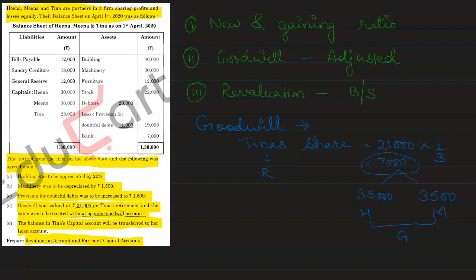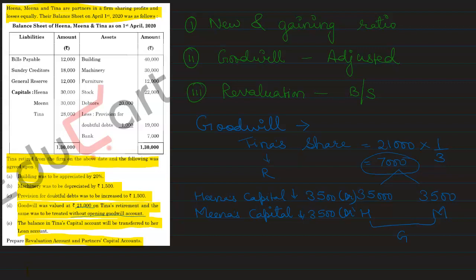So when Hina and Meena will give, their capital account will reduce, and capital account will be reduced means capital will be debited. So Hina's capital will be reduced by 3,500. To reduce the capital, we will debit it. Similarly, Meena's capital will be reduced by 3,500.